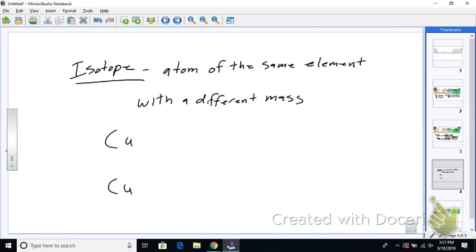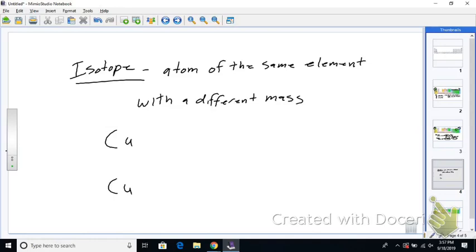Well, we're going to put a number that represents the number of protons, which would be the same for both of those. And that number will go as a subscript.